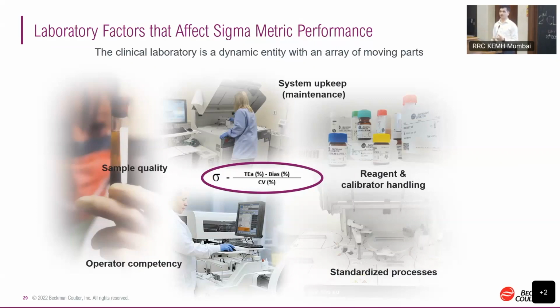That's why, as you have seen in the survey results, six sigma performance of the analyzer or parameters was considered when the purchase decision was made. So all these aspects we need to take care of.